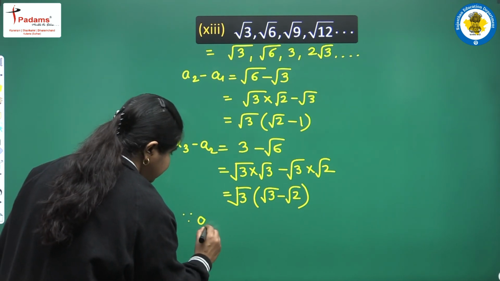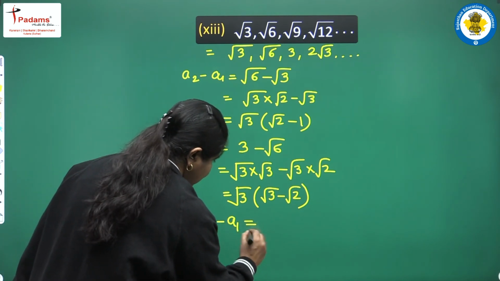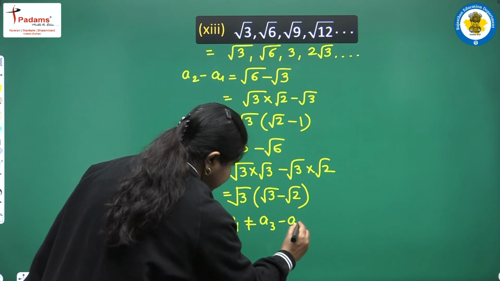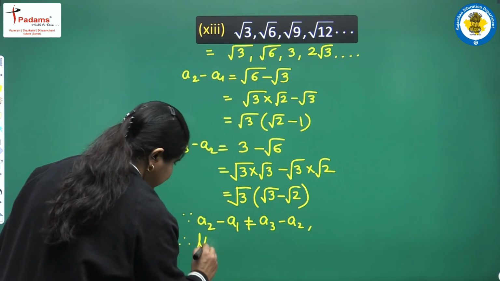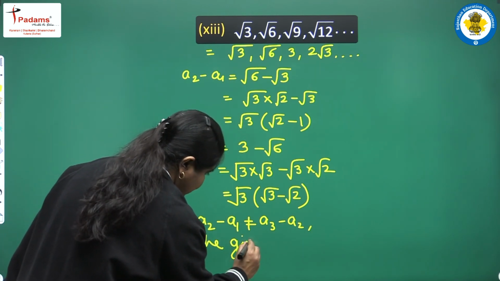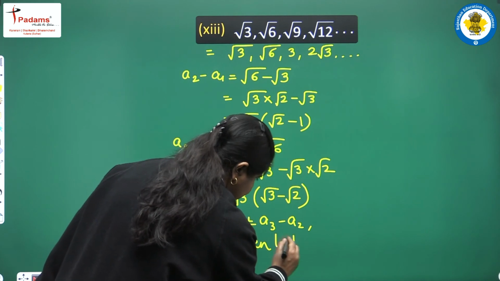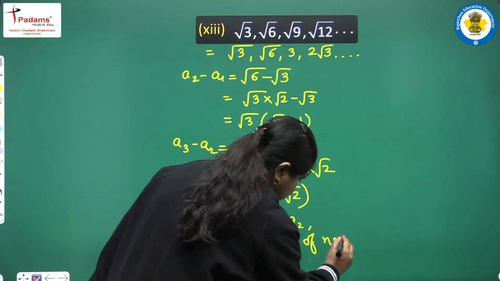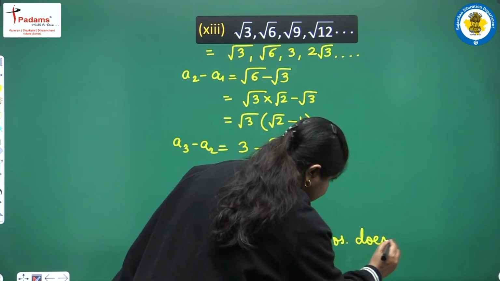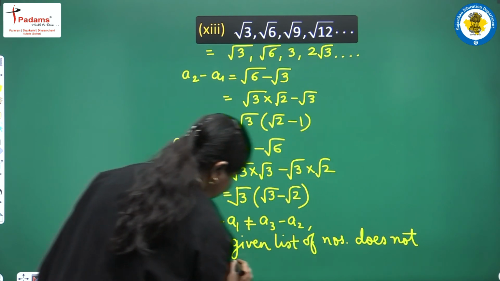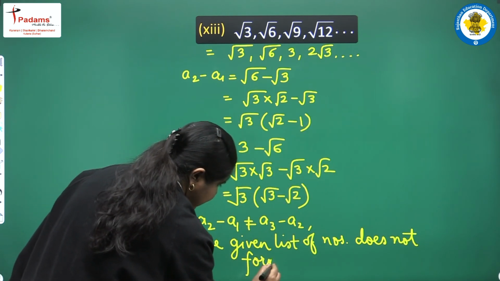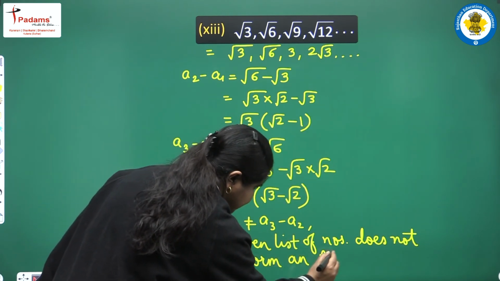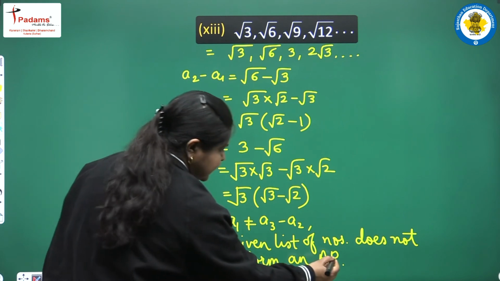We write since A2 minus A1 is not equal to A3 minus A2, therefore the given list of numbers does not form an arithmetic progression.